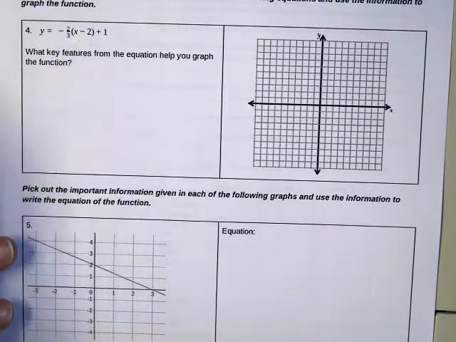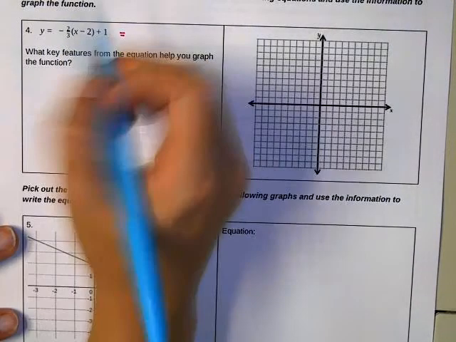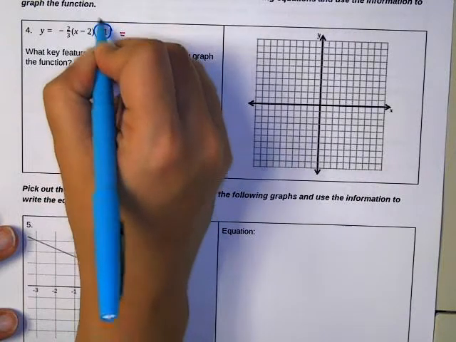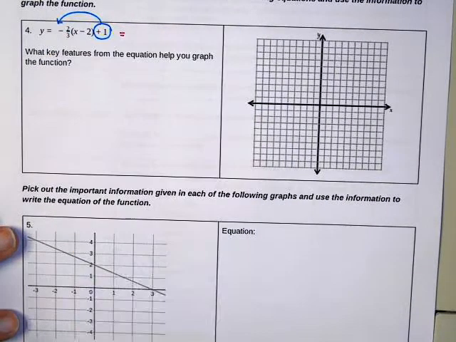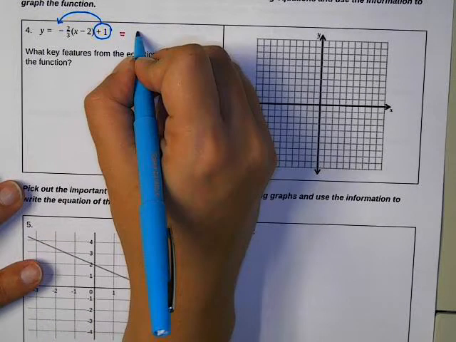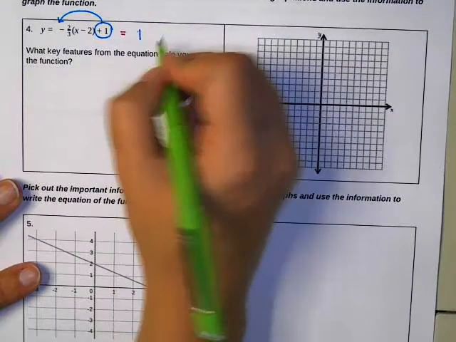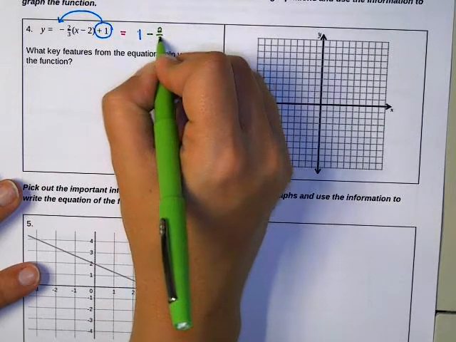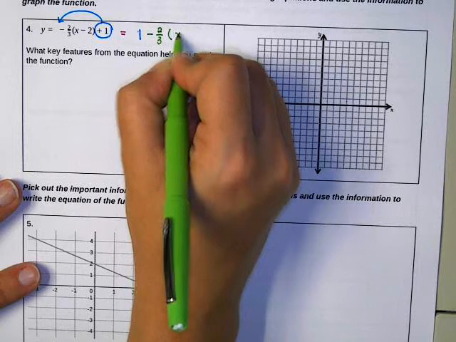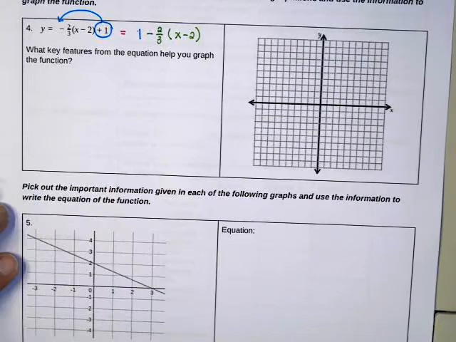The way that we normally write point-slope form, we usually put the 1 at the beginning. So I'm going to rewrite this in the way that makes more sense to me, which is to put the 1 at the beginning. And then I'm going to put minus 2/3, parentheses, x minus 2 at the end. So just flip the 1 to the beginning.